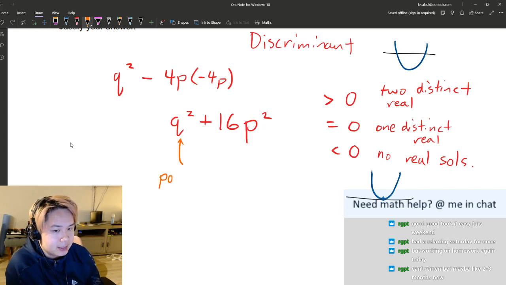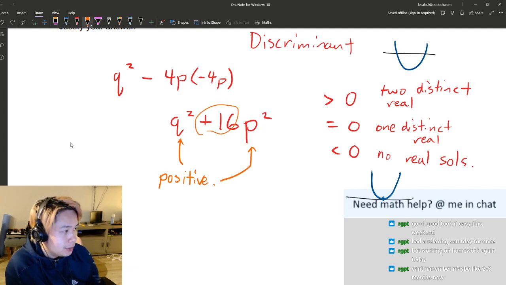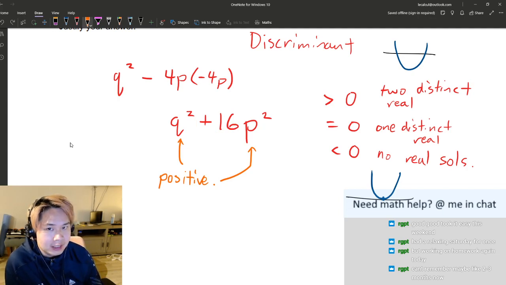This will always be positive. It doesn't matter what q is, it will be positive because you square it. Likewise, p, same thing. And because we're also adding, and we're multiplying by 16, that doesn't really do much. But this is always going to be positive, regardless of what p and q are.